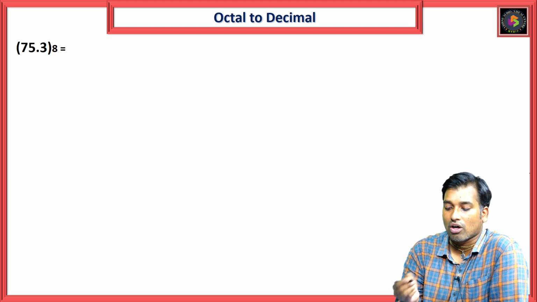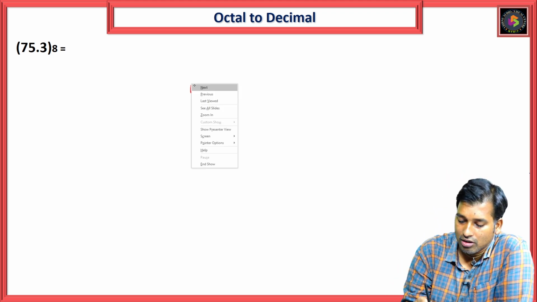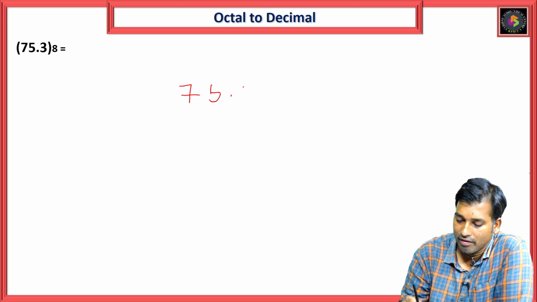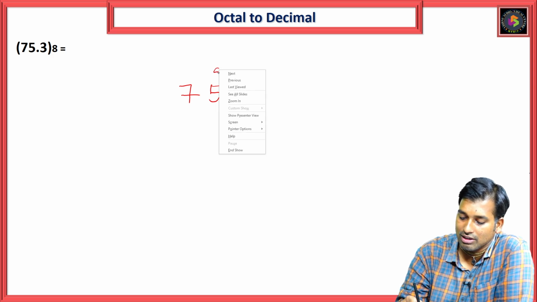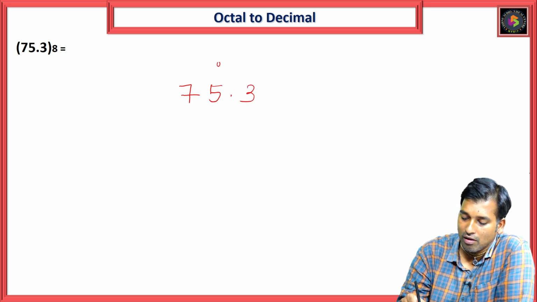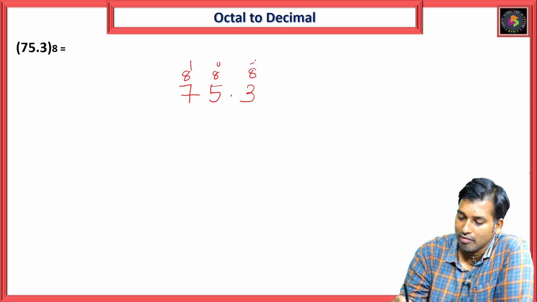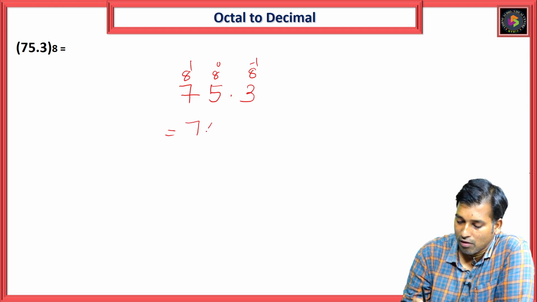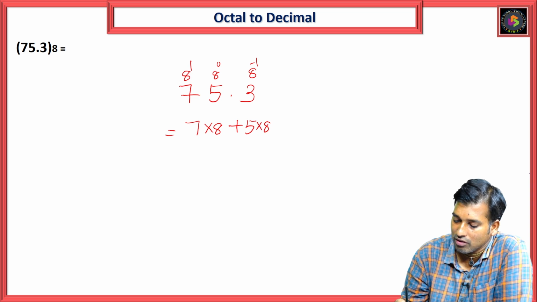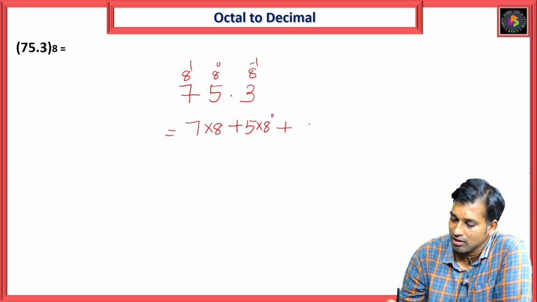So how do we convert octal to decimal? The same way, 75.3 base 8. Okay, so write the weights on the top. This is 8 power 0, 8 power 1, 8 power minus 1. So this is nothing but 7 into 8 plus 5 into 8 power 0 plus 3 divided by 8.